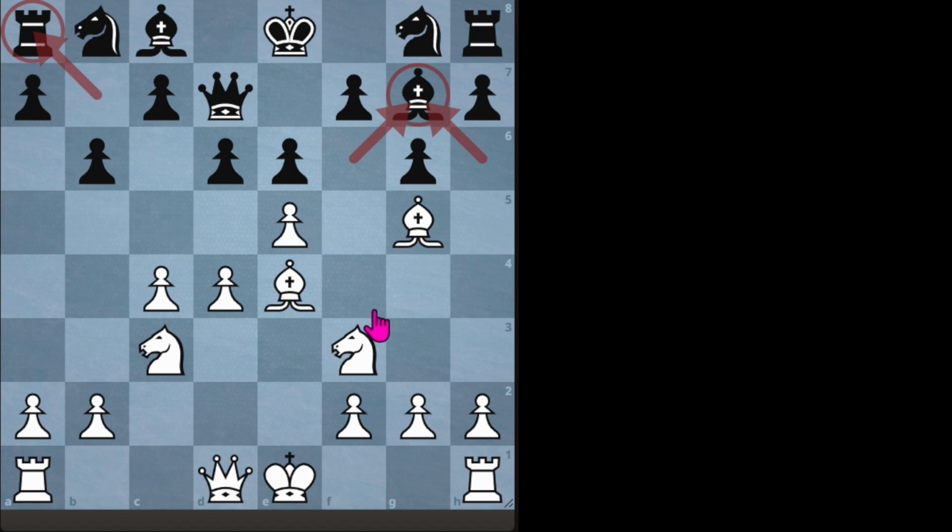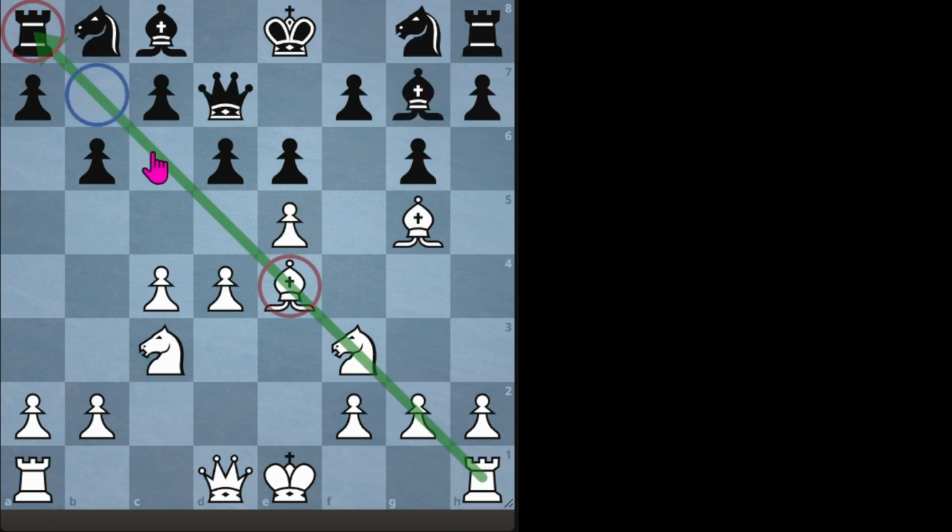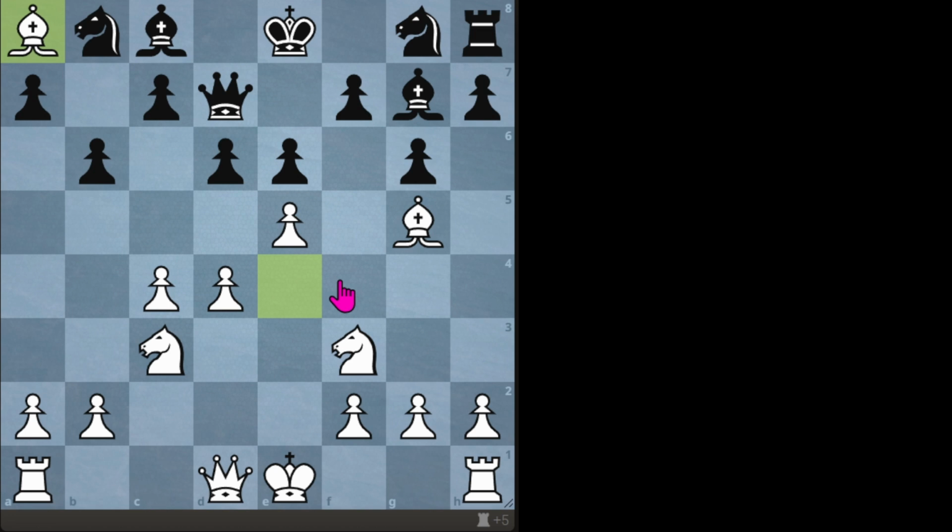Now let's have a look if there are linear pieces that can attack the bishop. At least at this moment we cannot see any other pieces that can capture the bishop g7, the black bishop, but we can see the other direction that the rook is attacked by the bishop because the squares between are unoccupied. Therefore, at this moment, bishop captures the rook, and now it was the hanging piece.